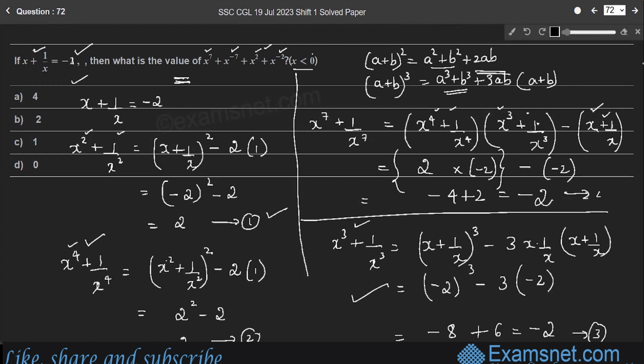Consider this as equation 4. Therefore, the value of the given expression becomes equation 4 plus equation 1. Equation 4 is minus 2 plus x square plus 1 by x square, which is plus 2, which is equal to 0. Therefore, the value of the given expression is option D, 0.